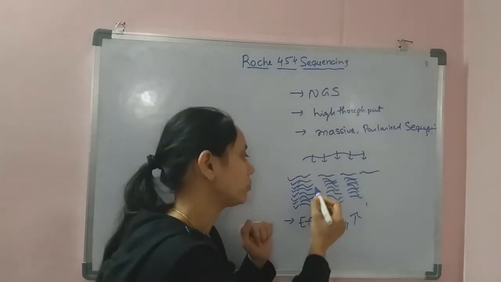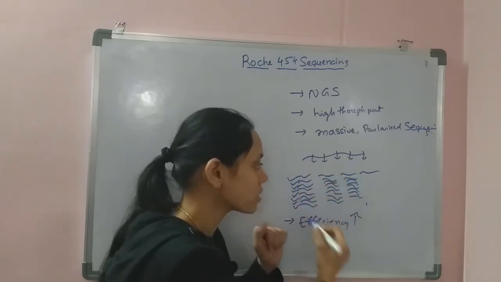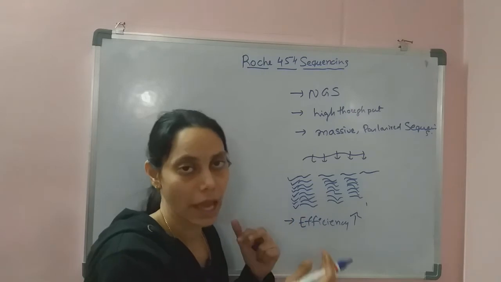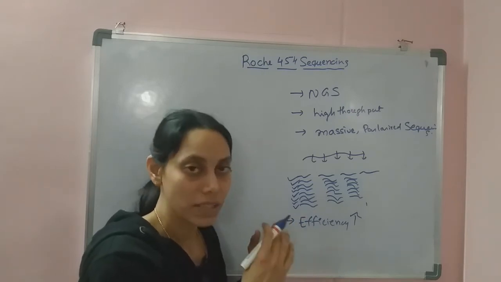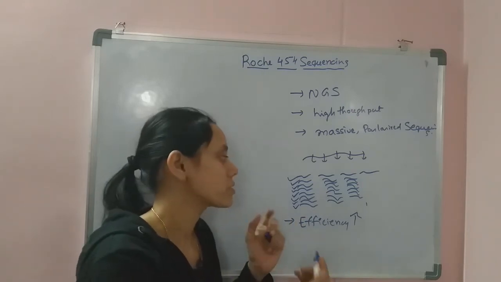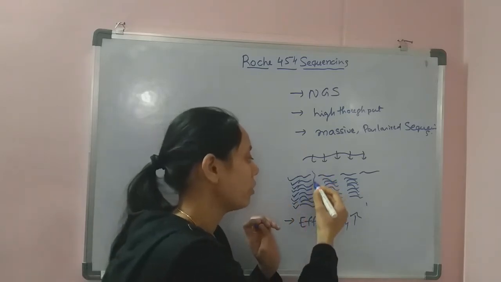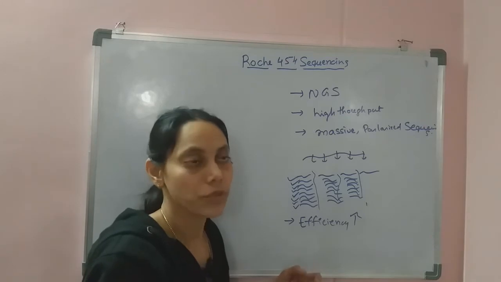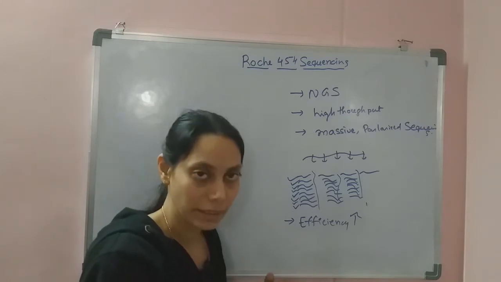Apart from the efficiency, generally all these processes are carried out in a single stretch of experiment. That means the PCR amplification of all fragments is carried out simultaneously, and the sequencing of all fragments is also carried out simultaneously. So it decreases the time.